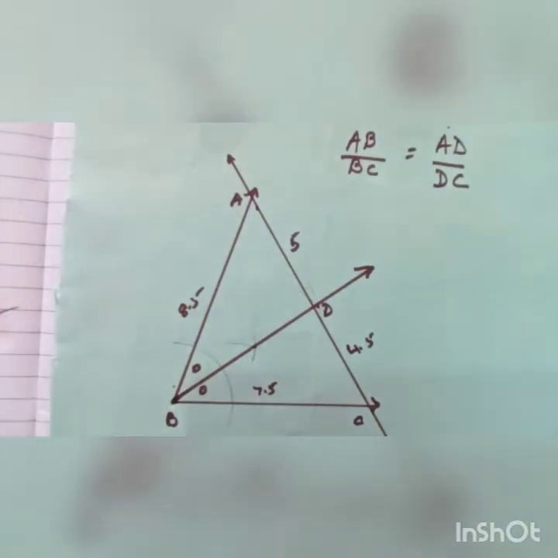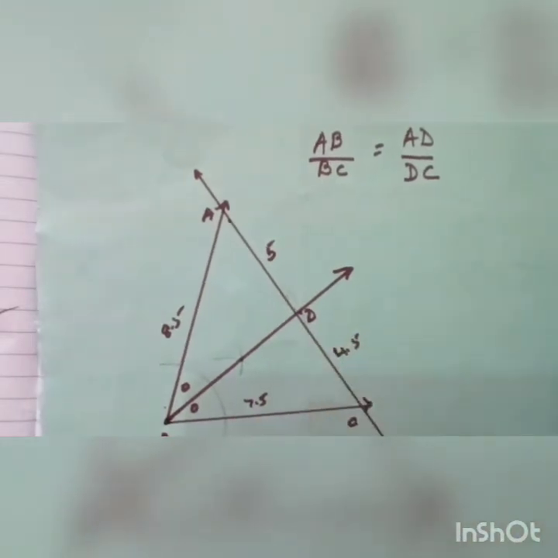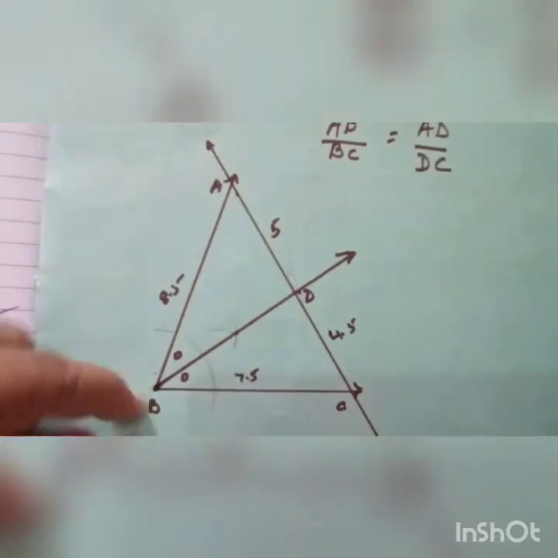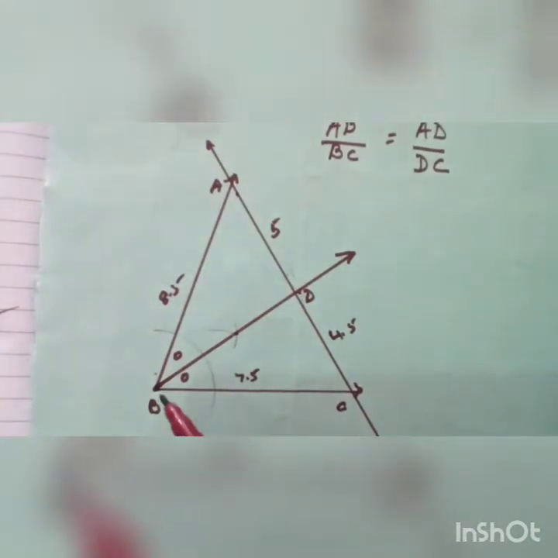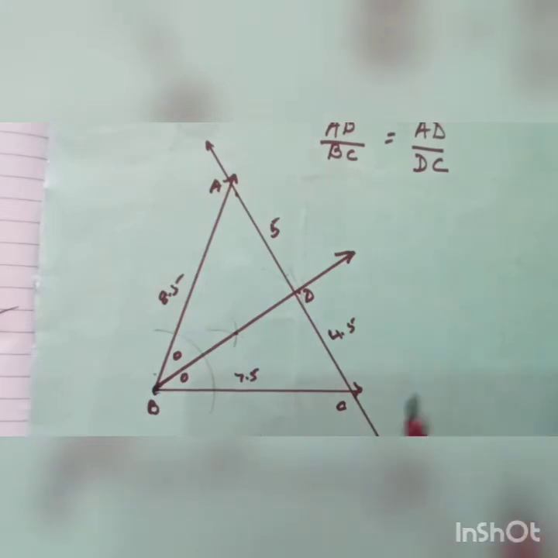Property of angle bisector. This angle B is bisected by an angle bisector BD. Now when BD divides angle B into two equal parts, BD also divides the side opposite to the angle bisector into two parts in proportion.